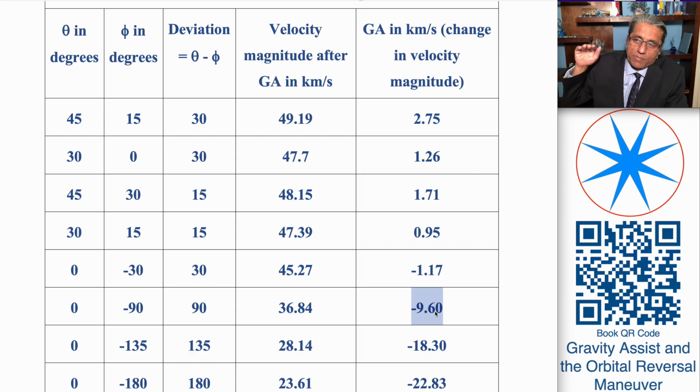So the spacecraft approaches the planet from behind. It gets deviated. It just kind of starts going directly downwards. And it loses 9.6 kilometers per second. So that means that it has actually lost velocity. And this is the braking effect that you could also achieve from gravity assist.